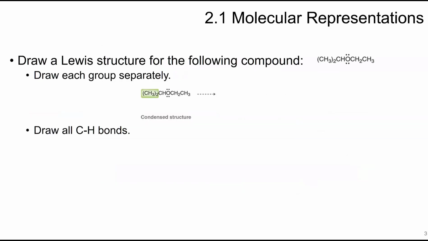So if we draw a Lewis structure for the following compound, we're going to draw each group separately. Here, we can see there's 2 CH3s that are bonded to this carbon right here. I'm going to draw this carbon first. So we have C, and there's a CH3 coming off of that, and a CH3. Again, this is the condensed structure.